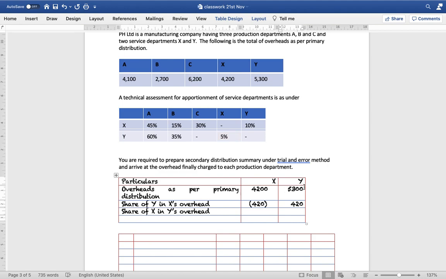So 5% of 5300 plus 420. 5300 plus 420, you will be getting 5720, and you have to find what is 5%. So you'll be getting 286. So 286 will move to X.